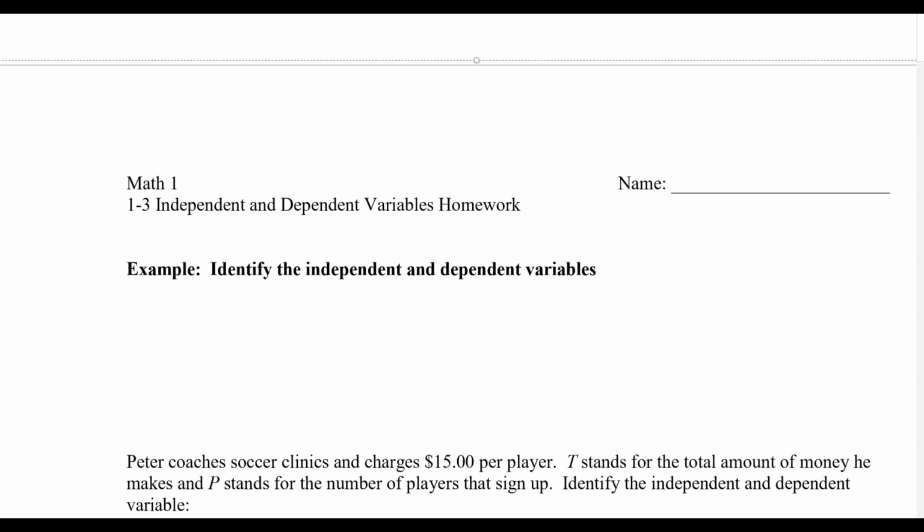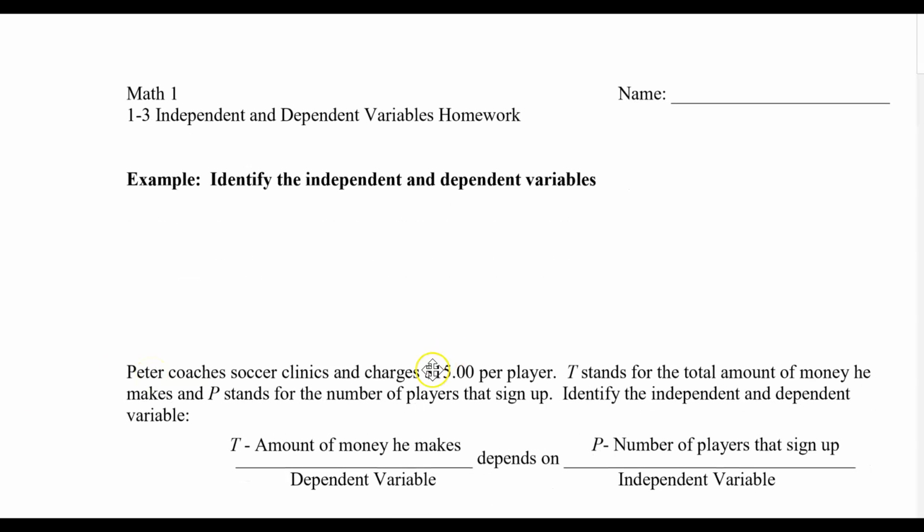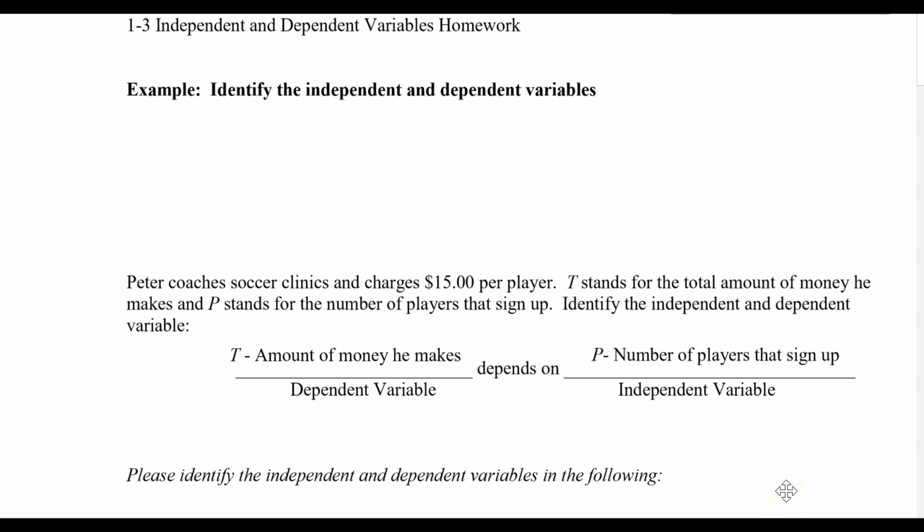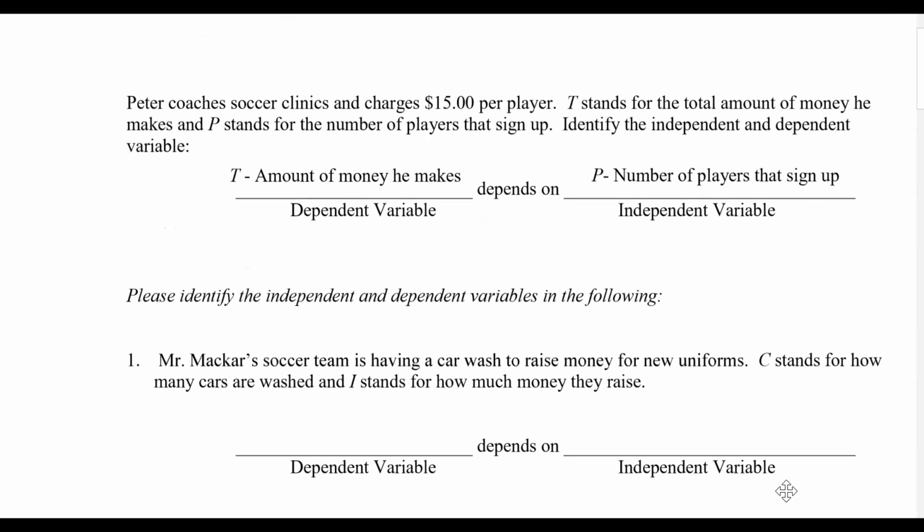So, if we look at the answer to this problem, the amount of money he makes we identify as the dependent variable because it depends upon the number of players that sign up. So the number of players that sign up is identified as the independent variable. Let's look at a few more examples.